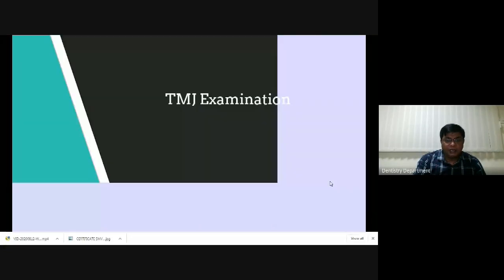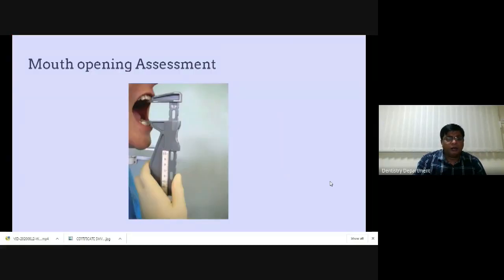Then comes the examination. How to examine patients with temporomandibular disorder? First, you have to see the mouth opening. Most of the time it will tell you more about the diagnosis. Sometimes there will be a deviation of mouth opening.